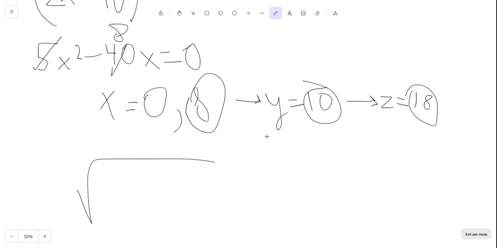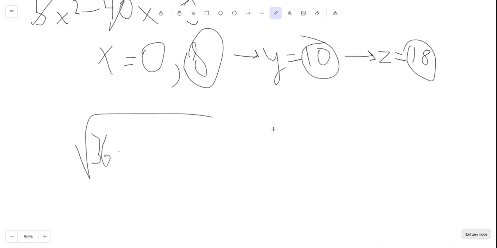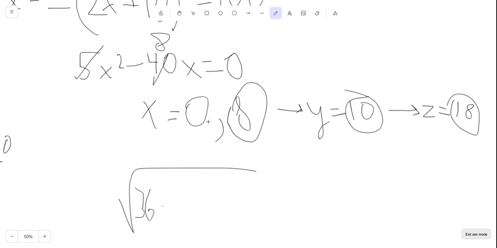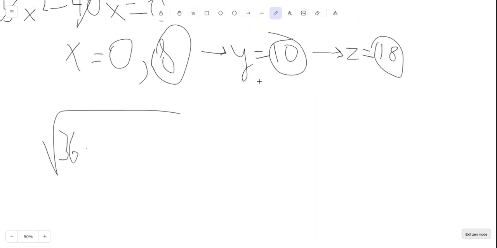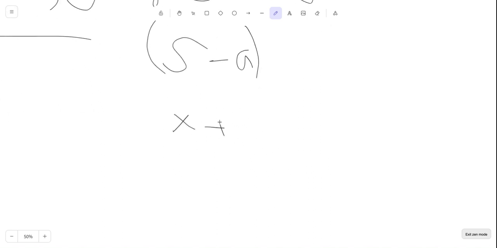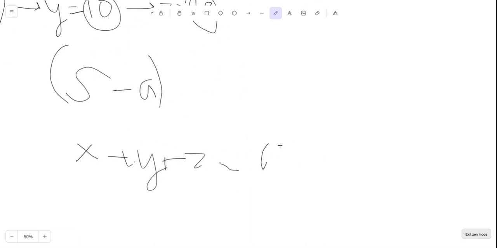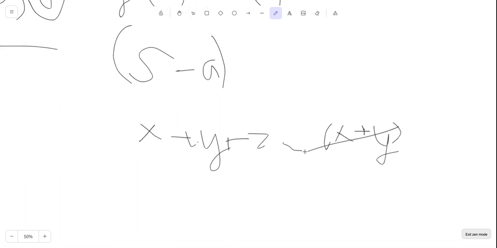Okay, the sum of these, 18 plus 18, 36, and we have the semi-perimeter minus a, which is x plus y. Actually, if we have some side a, for example, the semi-perimeter minus a is the sum minus 2 of these. This is exactly why Heron's formula is a lot simpler in terms of x, y, and z.